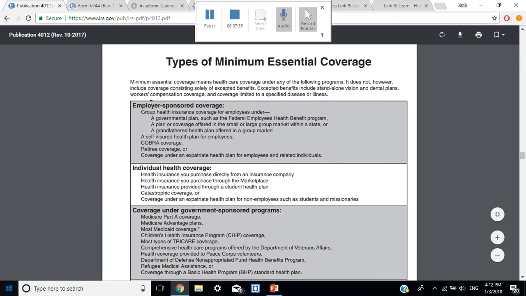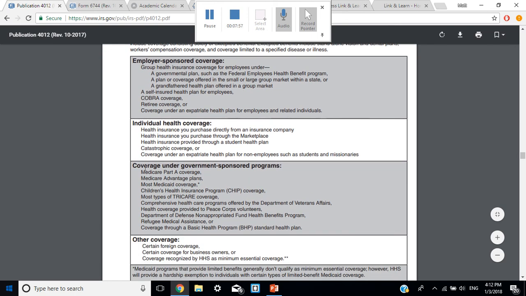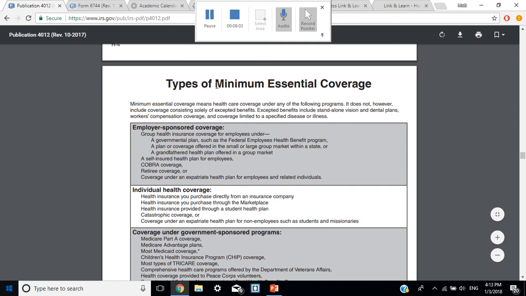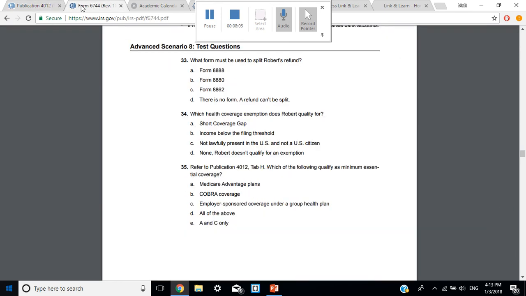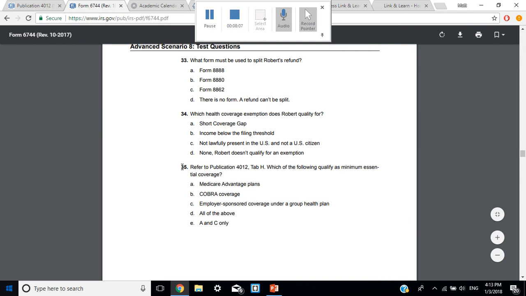Also minimum essential coverage. Keep on skimming. Boom, Medicare Advantage plans. Coverage under government-sponsored programs. And also counts as minimum essential coverage. So, for number 35, Medicare Advantage plans count, COBRA coverage counts, employer-sponsored coverage counts, the group health plan. So we're looking at D, all the above.